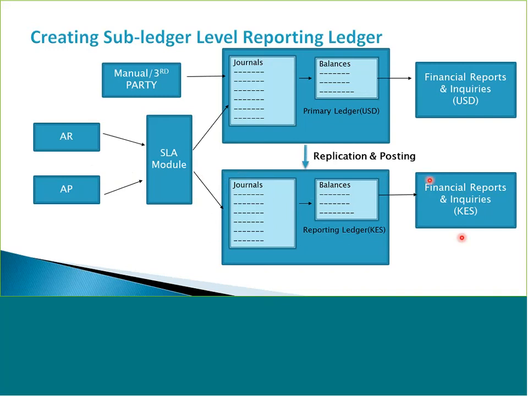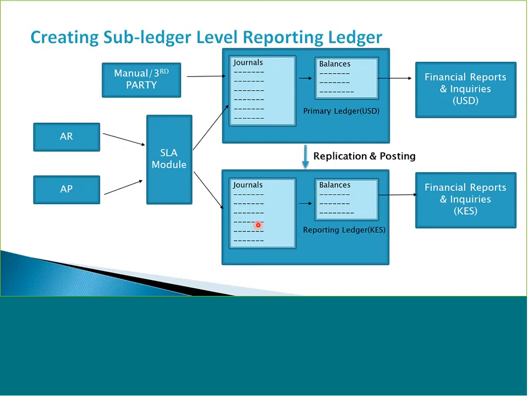So anyway, because these journals for the reporting ledger are created by the Create Accounting program in the SLA module, we can drill down from these journals back to the subledger module window that created the journal.